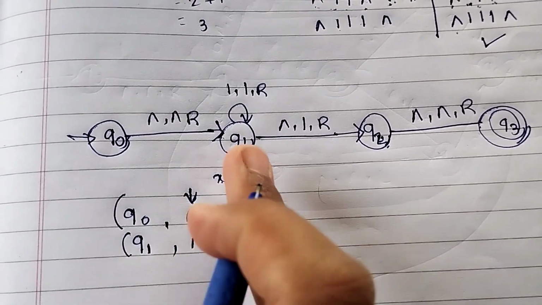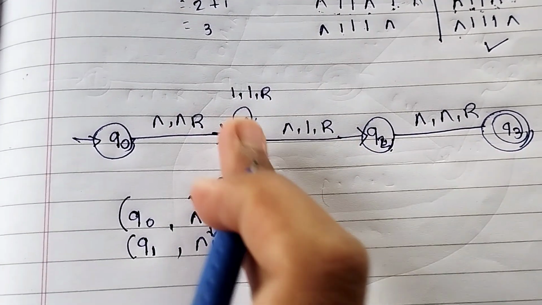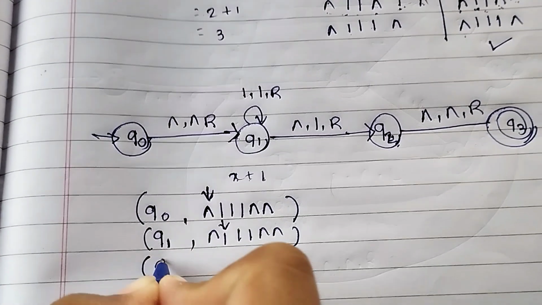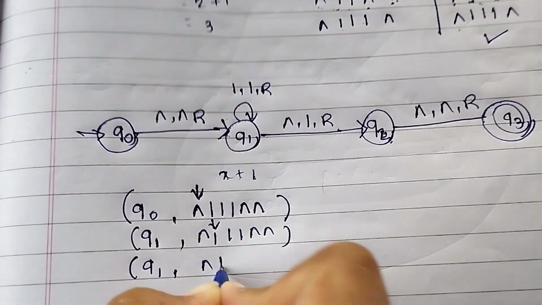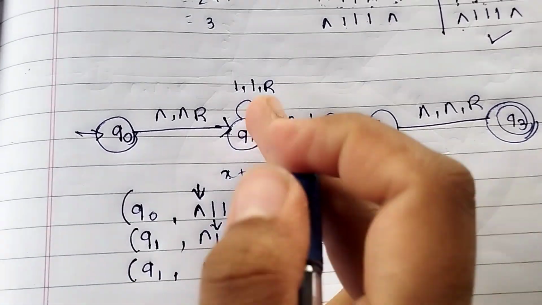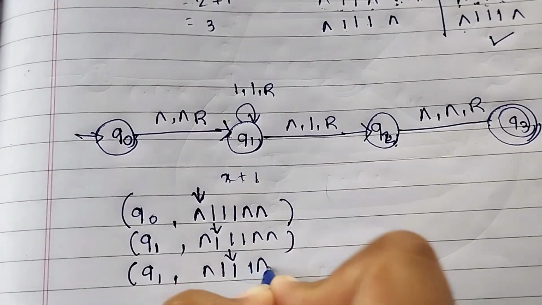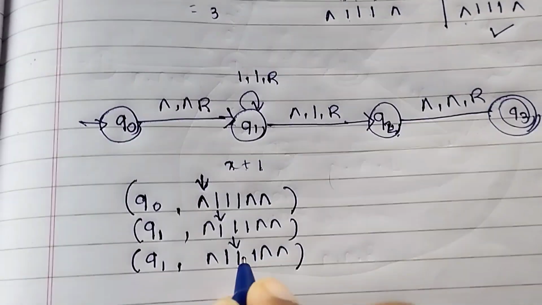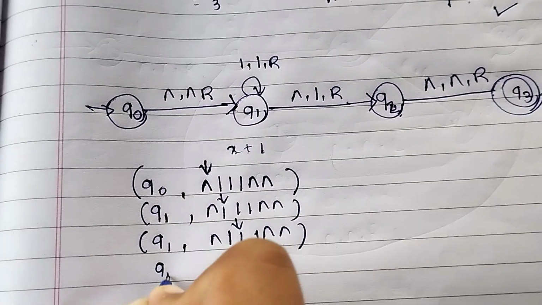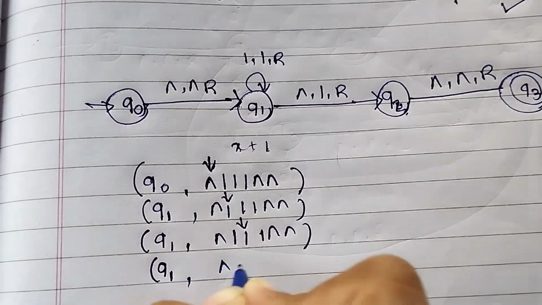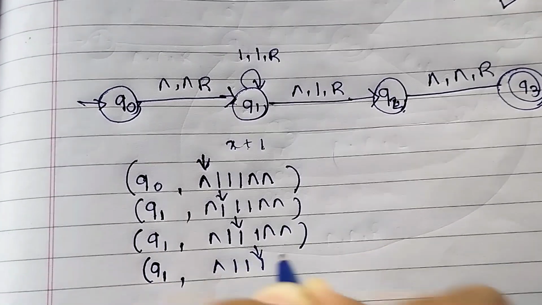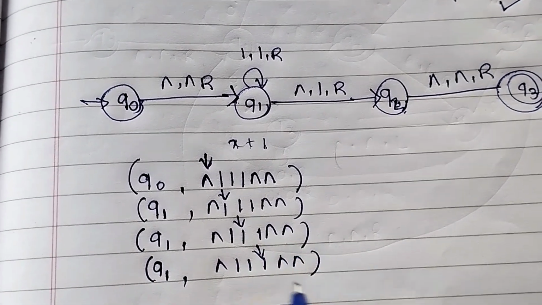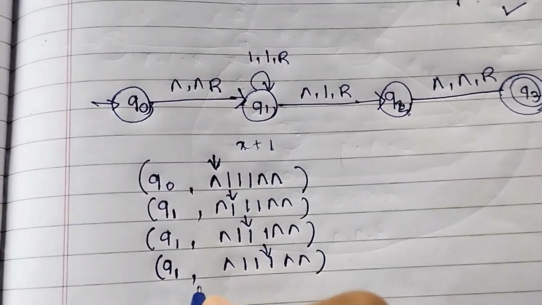After reaching the Q1 state, if you read the 1, keep 1 as it is and move to the Q1 state itself. So Q1 null 1, and now we read here because we travel to the right side, 1 null null. After reading the 1, the same cycle, keep this Q1 state as it is, null 1 1 1. Now we are in this state, null null, complete. Now move to the right and we are in the same Q1 state.